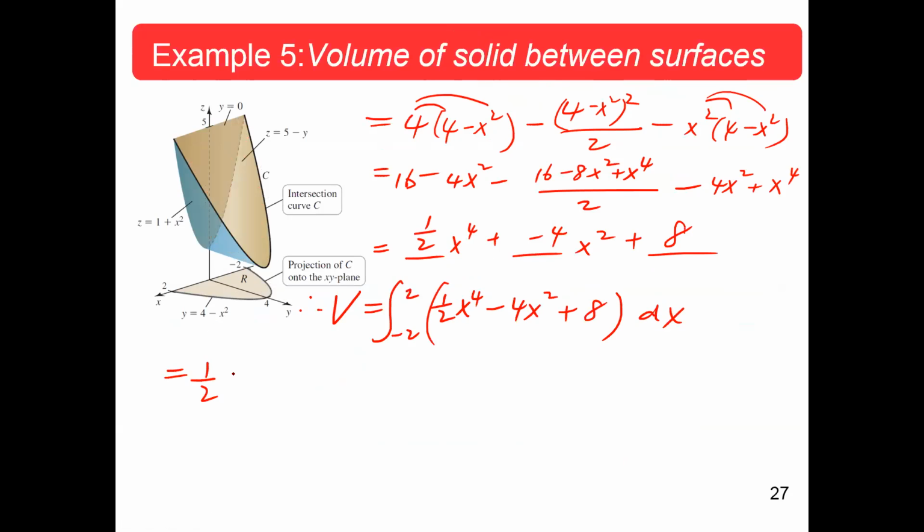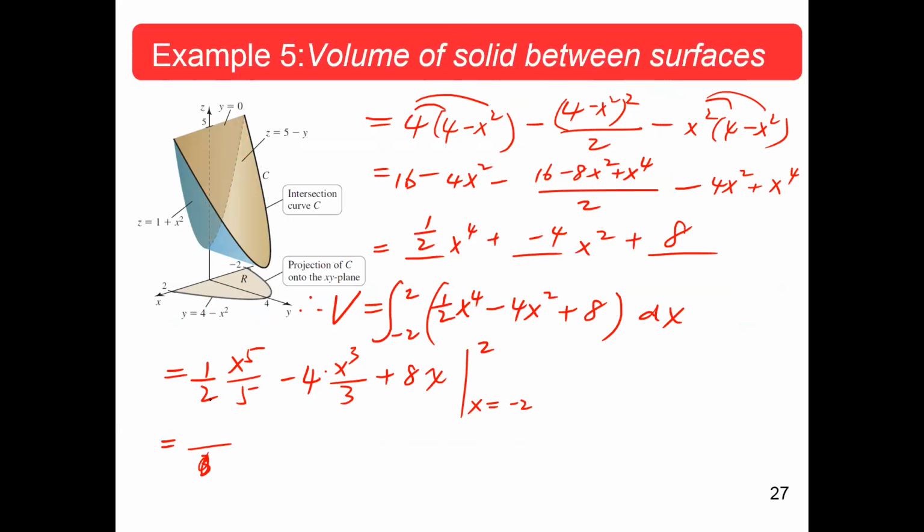Okay, so we have 1/2 x to the 5th over 5, minus 4 times x cubed over 3, plus 8x, and you just need to evaluate x from negative 2 to 2. Let me see if we have enough time to finish that. We have 4 minutes.